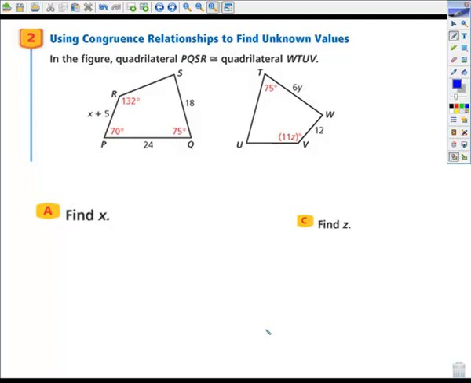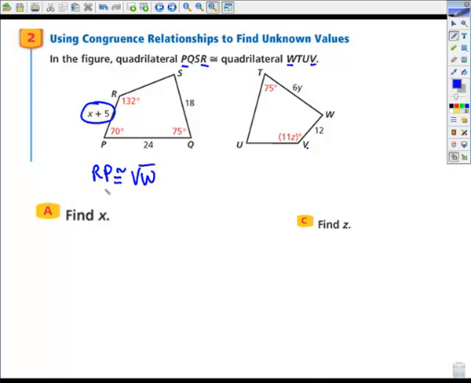All right, now we're going to use this information of knowing that the quadrilaterals are congruent to find some missing sides. So it says quadrilateral PQSR is congruent to quadrilateral WTUV. And first they want us to find X. Well, that's side RP, and I know that RP is congruent to VW.